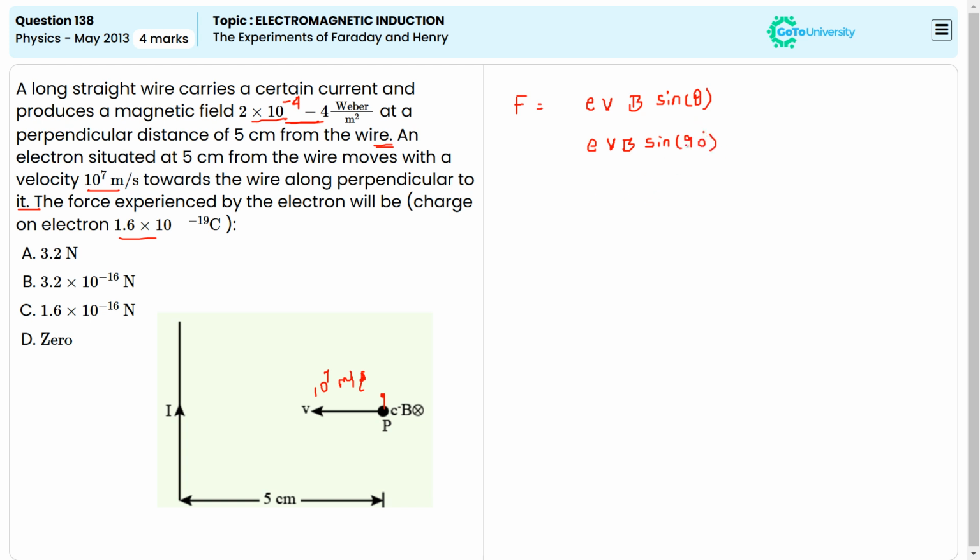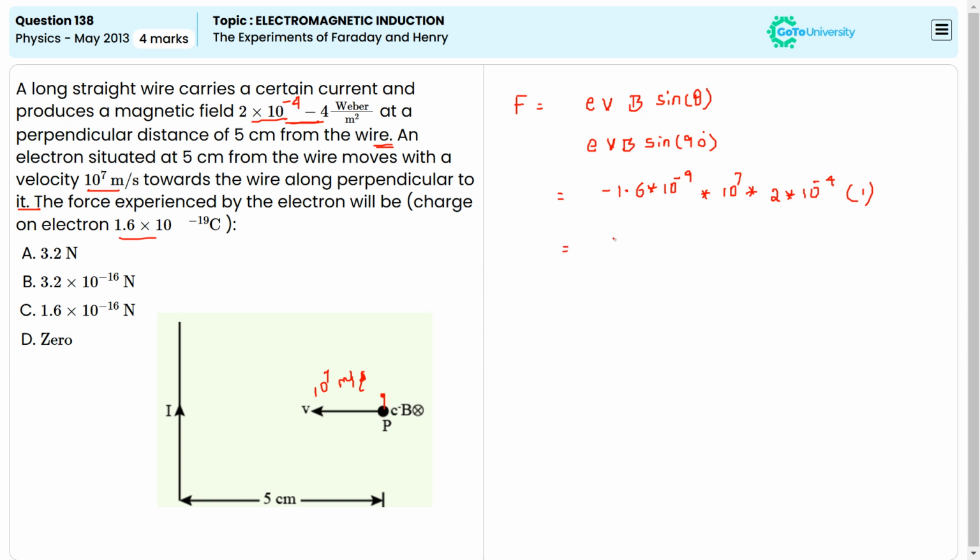Then by substituting the values: minus 1.6 × 10^-19 times V equal to 10^7 times B value 2 × 10^-4, and sine 90 value is 1.